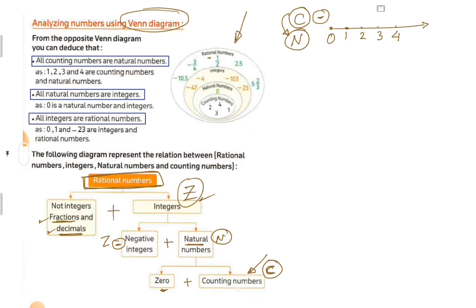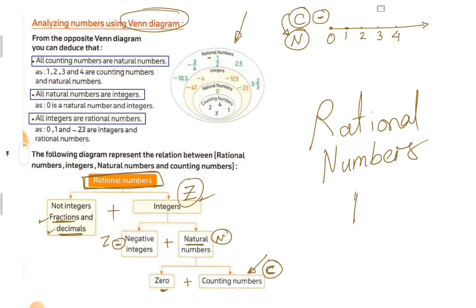It's called rational numbers, and its symbol is R. Next.